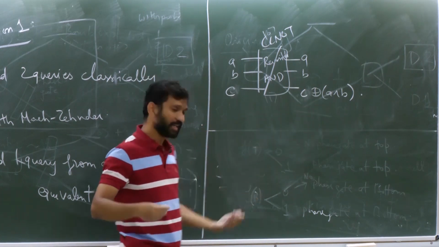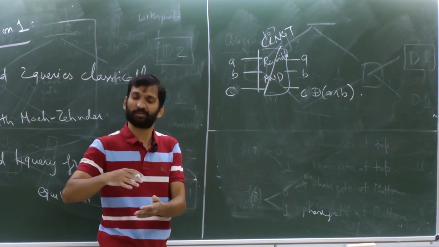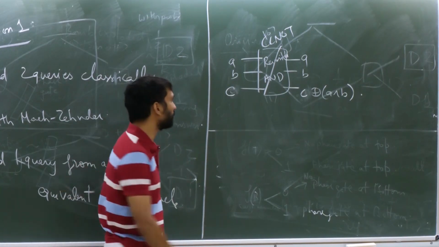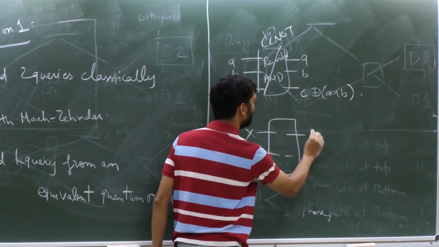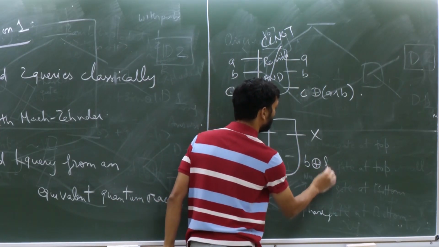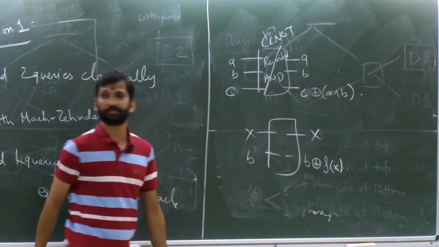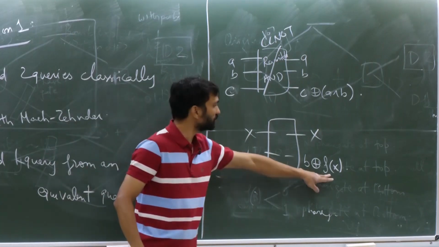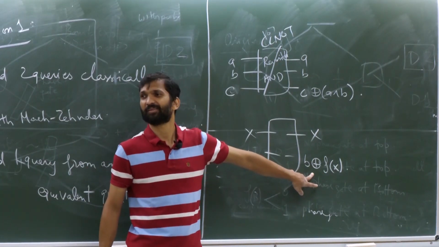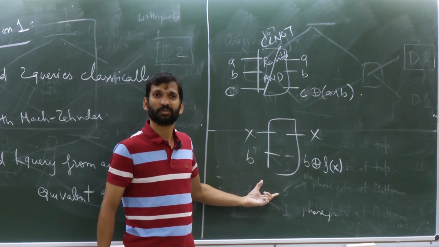Correct? And in general, when you take a classical circuit and convert it to a reversible one, the idea is you just compute this function in the ancilla to keep it reversible.